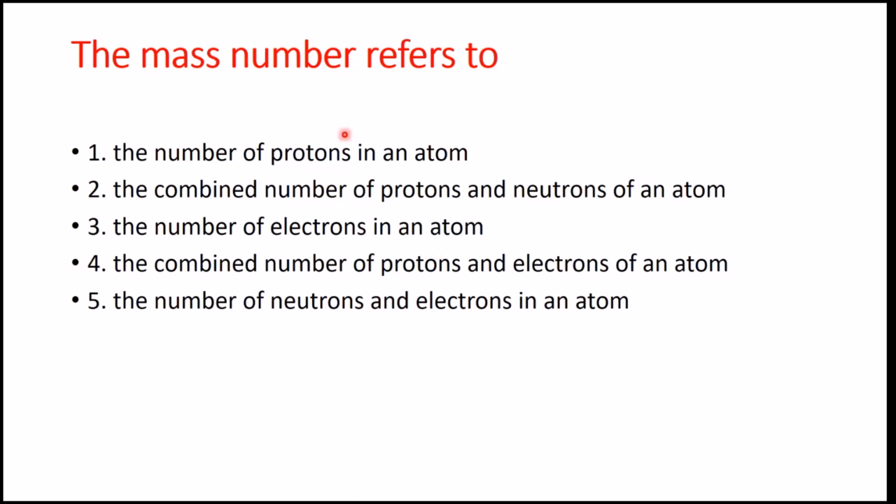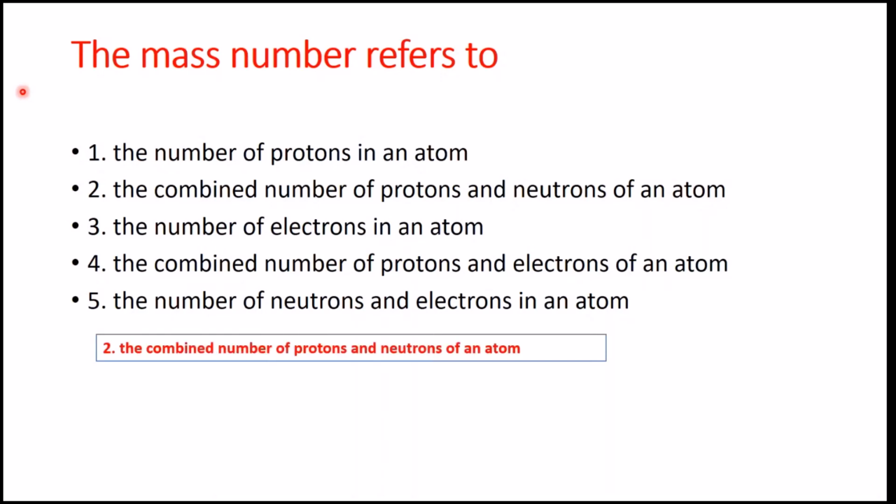It's option number 2: the combined number of protons and neutrons in an atom.